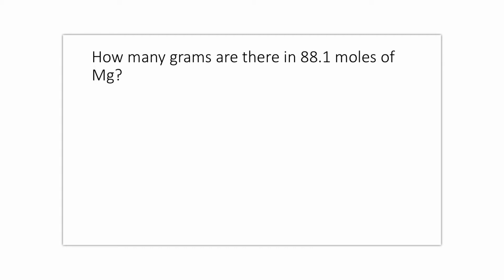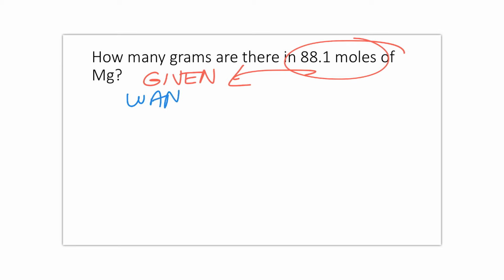Okay, so let's go the other way. We're going to go now from moles to grams, right? Because it says how many grams are in 88.1 moles. So what's my given? My given is 88 moles. So that's there. And what do I want? I want the number of grams, and that's from there.